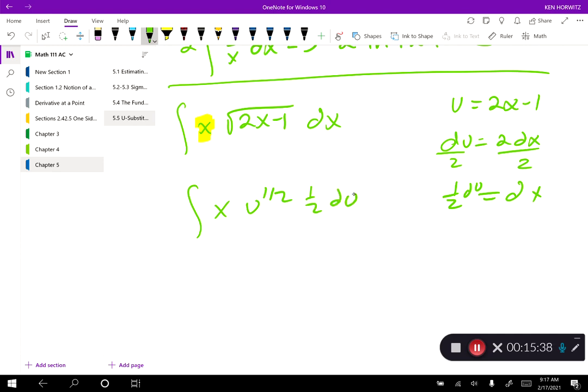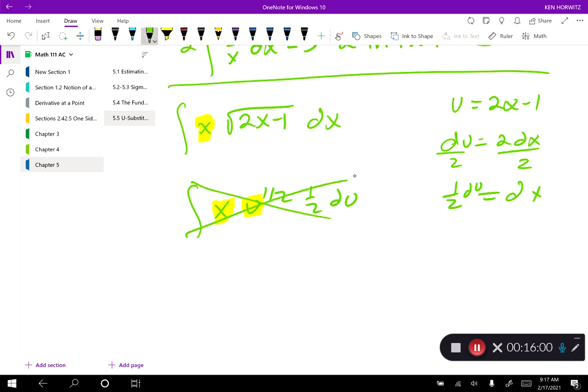This would be wrong. And the reason it's wrong is because I can't have x's and u's in the same problem. Remember, we're in single variable calculus. Even if we were in multivariate calculus, this would still be terrible. So this is not the way to go.